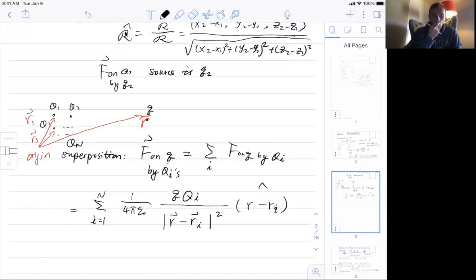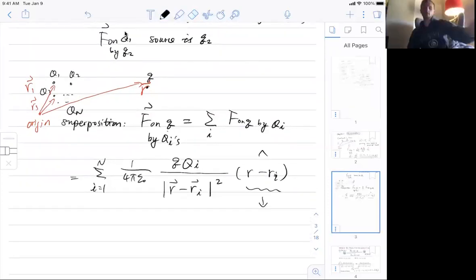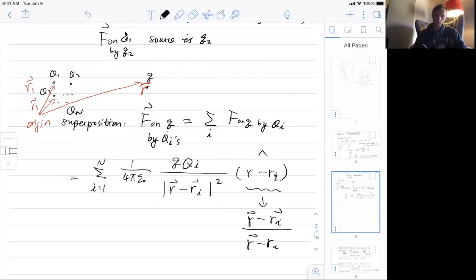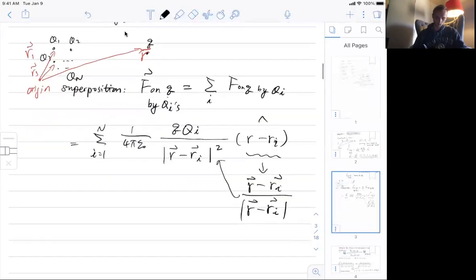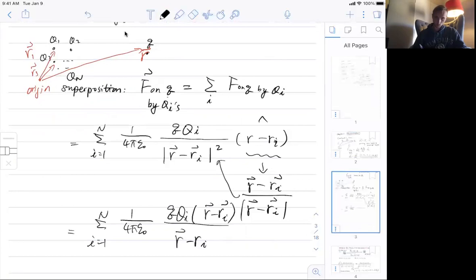Now, sometimes we realize to calculate the hat, we need to know this vector anyway. So this is really the vector divided by the magnitude. That is the hat. So sometimes we just absorb this into the entire equation and don't even write the hat, because you need the vector to calculate the hat anyway. So we end up with just writing r minus ri, and the denominator becomes cubed.